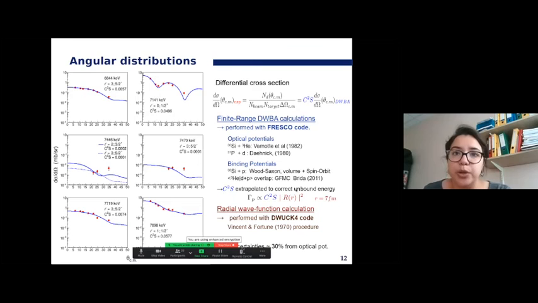The proton width is proportional to the radial wave function estimated for a radius where it starts to behave asymptotically. Here, for phosphorus-30 as proton plus silicon-30, it's around 7 fermi. The proton width and the radial wave function are calculated by the code DVOC4.